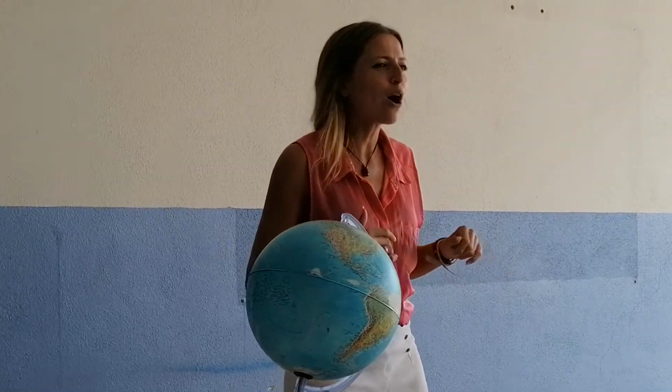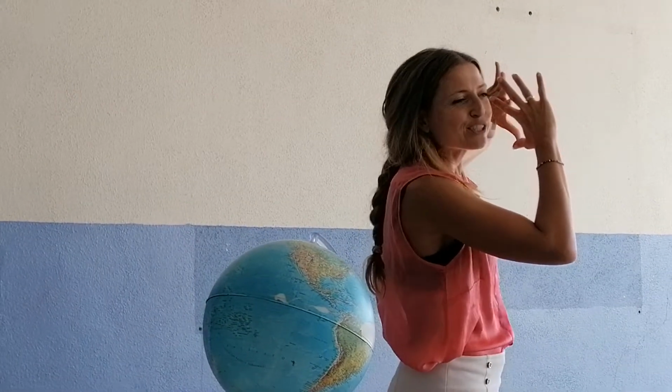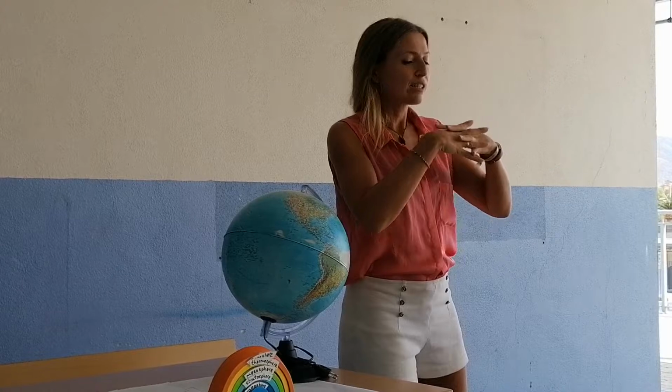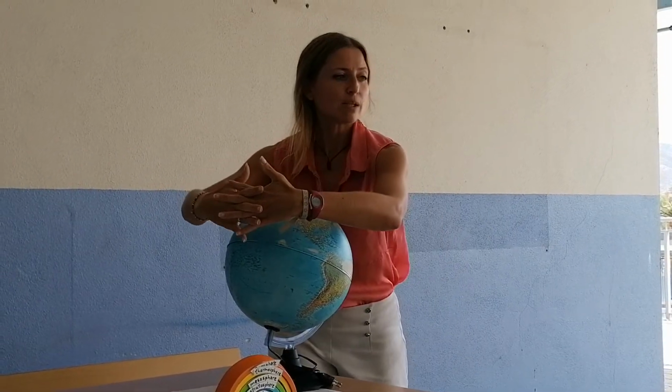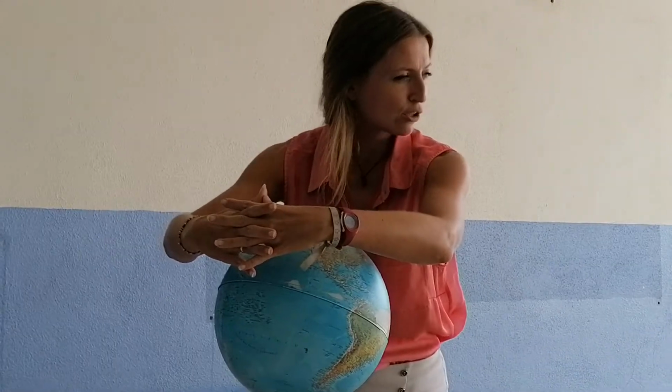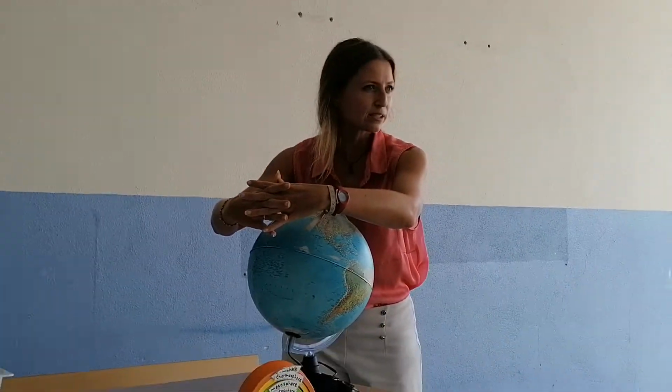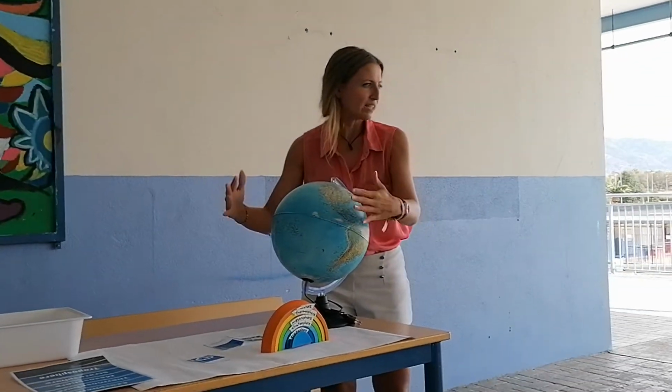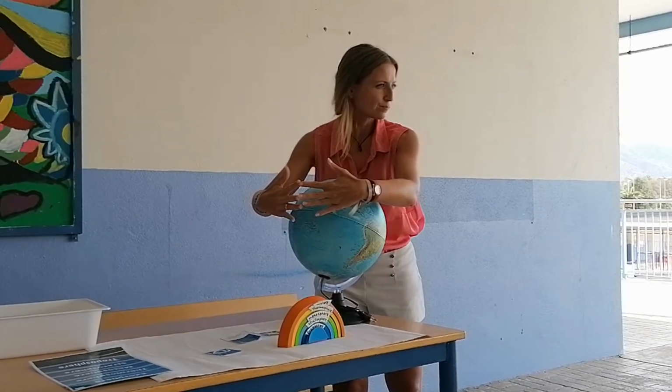And also from the sun, the dangerous radiations from the sun. You know the UV rays? The atmosphere protects the Earth from the sun's dangerous radiations and from objects from outer space, like meteorites.